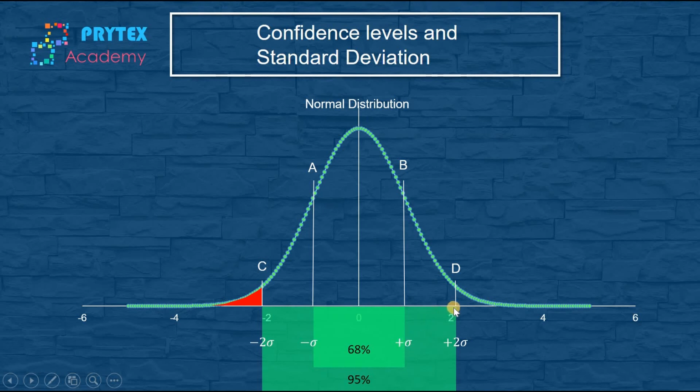Similarly, we can say that 95% of the underlying data that has formed this normal distribution curve will fall in a range of -2 sigma to +2 sigma. That is, it will fall under a 2 standard deviation range.